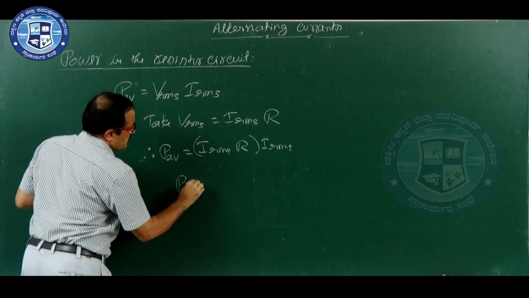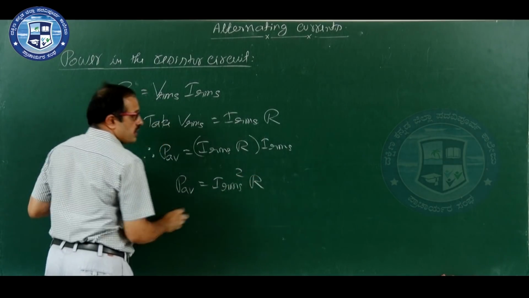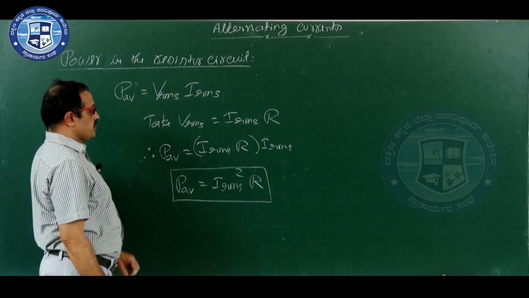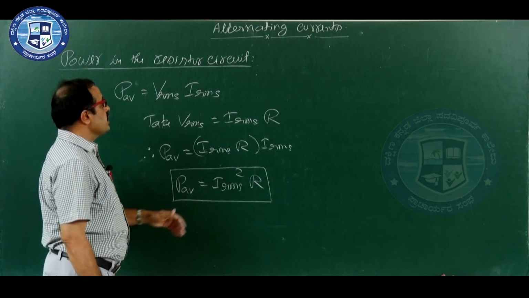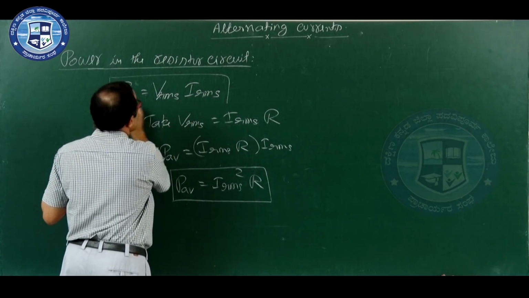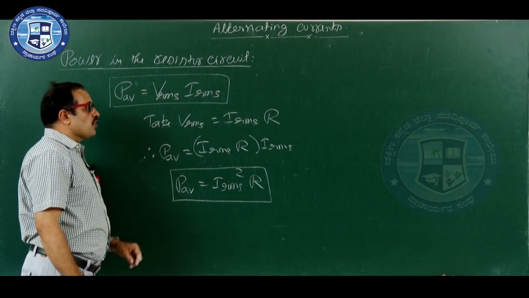P average is equal to IRMS square into R. It is the one more equation for the power consumption when alternating current flows through the resistor. It is the first equation. It is the second one. Even we can write one more formula.